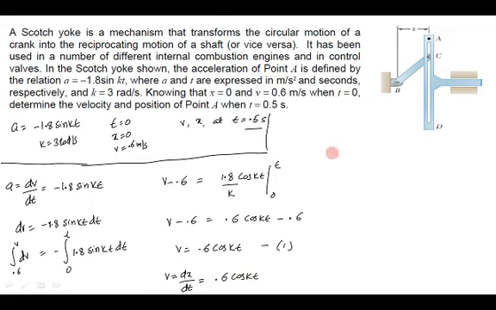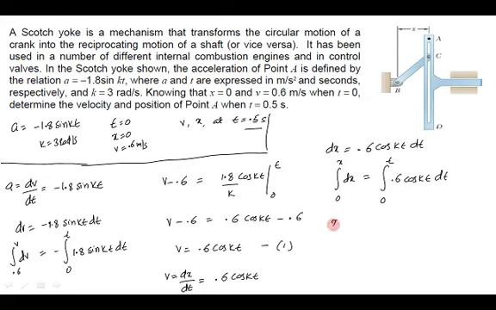So rearranging, we have dx equals 0.6 cos kt dt, and we integrate from x equal to 0 to some value x on the left hand side, and integrate the right hand side between limits 0 to t of 0.6 cos kt dt.